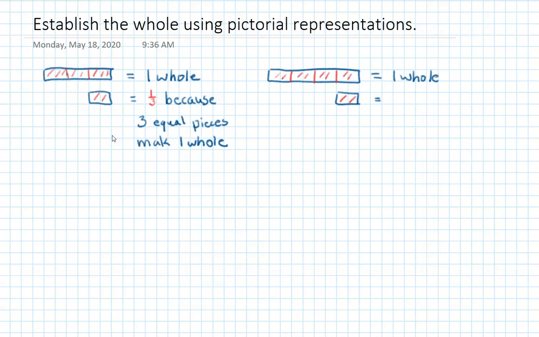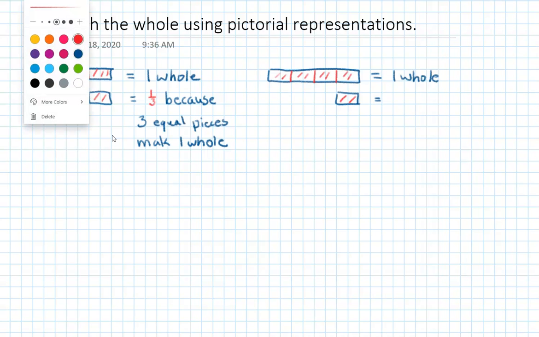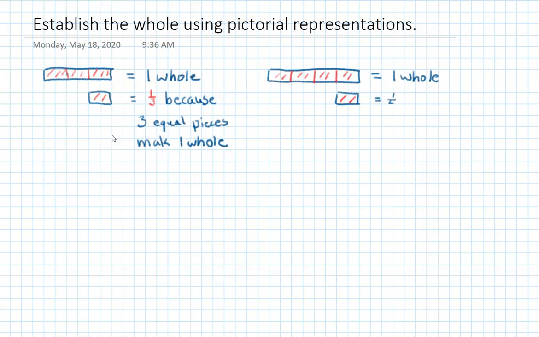So this is now equal to 1/4. And that's because 4 equal pieces make one whole.